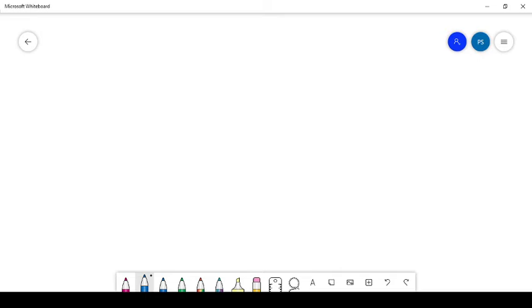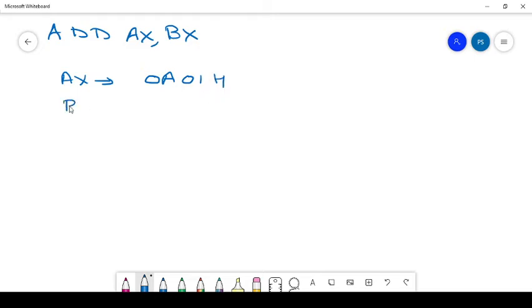Okay, first we have discussed the ADD instruction, so we'll see one simple example. ADD AX, BX. If the content of AX is 0801H and BX is 7150H, this instruction adds the contents of the BX register with the contents of the AX register.